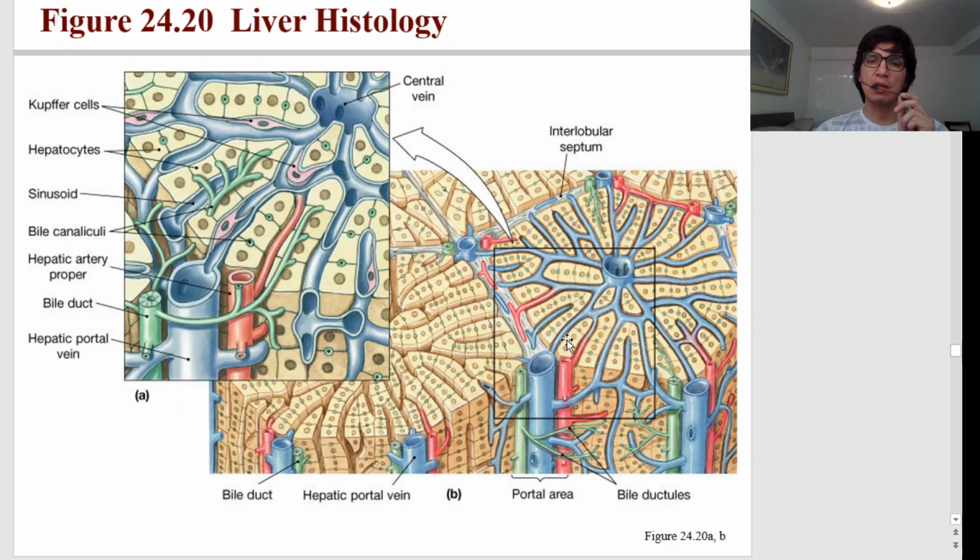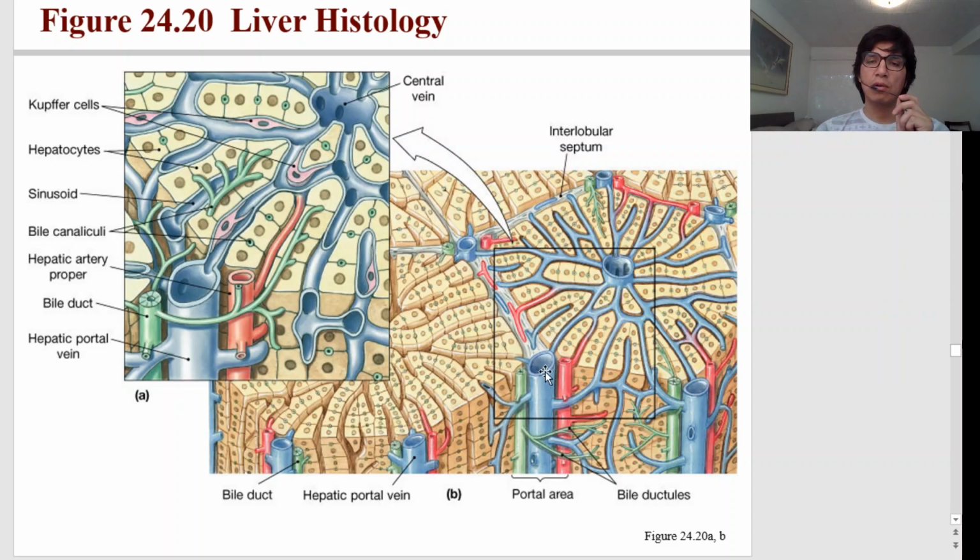The hepatocytes here are regulating everything that we mentioned: amino acids, lipids, carbohydrates, and eventually, once that regulation occurs, all of this blood will reach the central vein, which will lead to the hepatic vein, then eventually to the inferior vena cava and the heart.